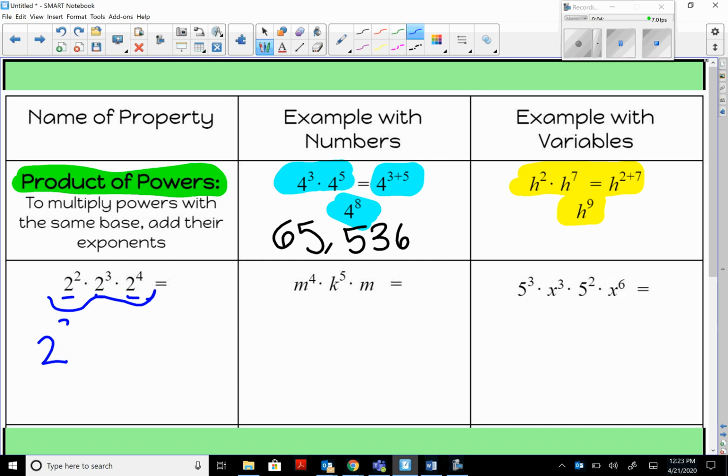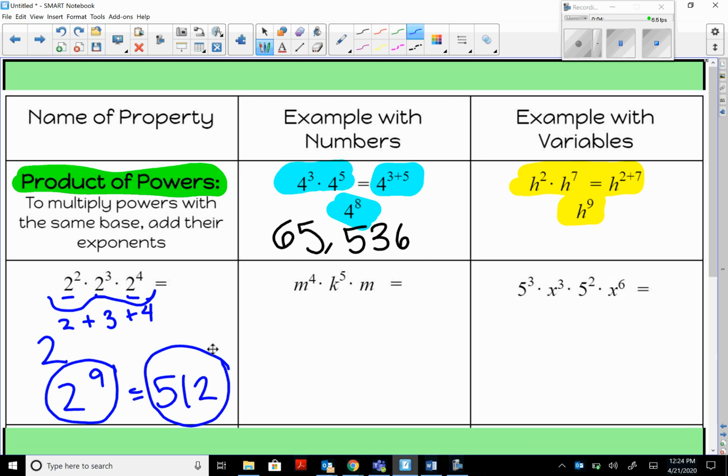So I can add 2 plus 3 plus 4. 2 to the power of 9 would be my simplified answer written as a power. If I have access to a calculator, I'm going to go ahead and evaluate, and I do have access to a calculator. So I'm going to raise 2 to the 9th power, and I got 512.